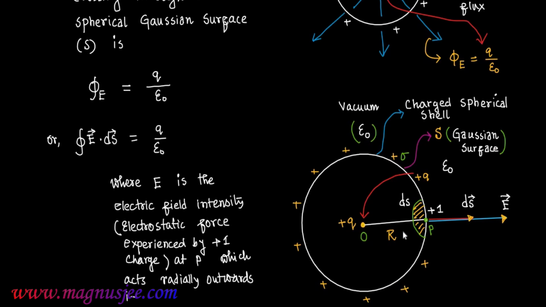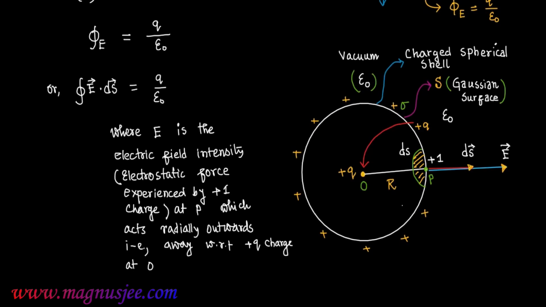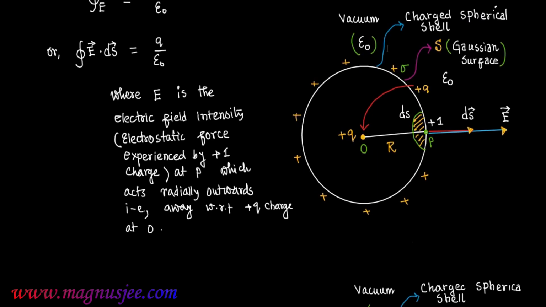Electric field intensity acts radially outwards, that is away with respect to plus Q charge, which appears to be concentrated at the center O.